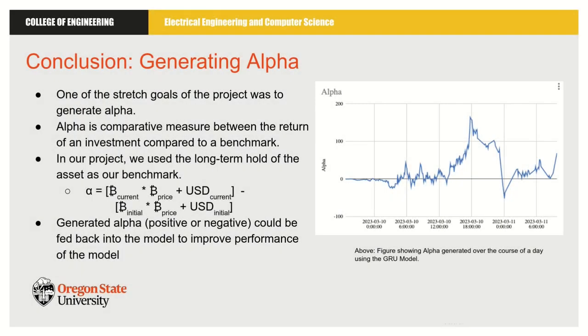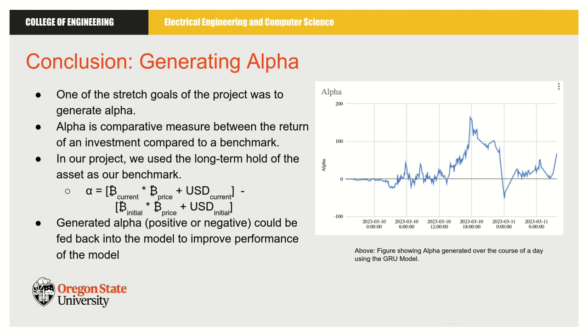So the goal of the project was to train an AI bot that could trade cryptocurrency. To this end, we succeeded. Further, the reason to create a project of this type is to generate profit, or more appropriately, alpha. Alpha is the comparative measure between the return from the AI model and a benchmark.